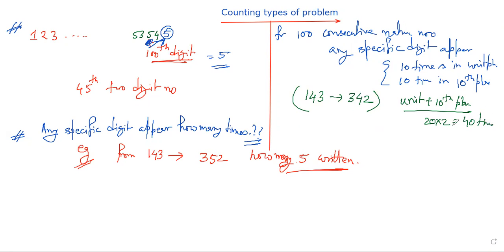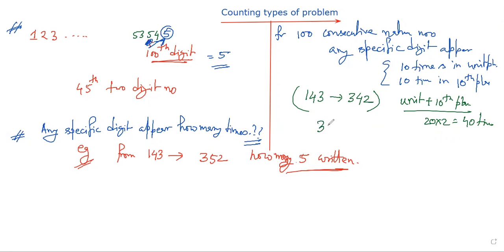So 5 will also be present within this category. From 143 to 342, 5 will be present 40 times within this group, 20 and 20, because of 200 numbers.